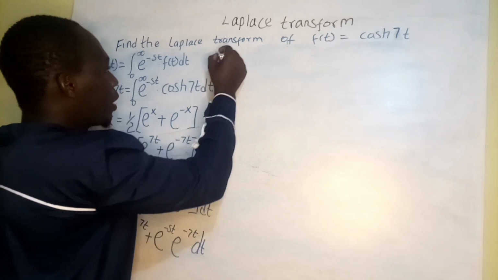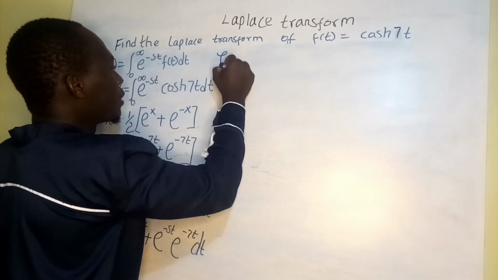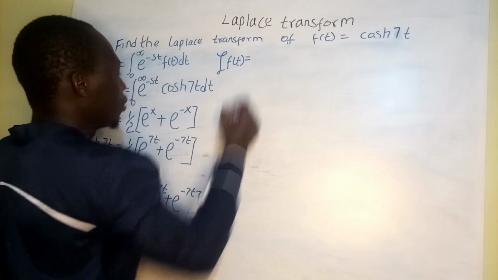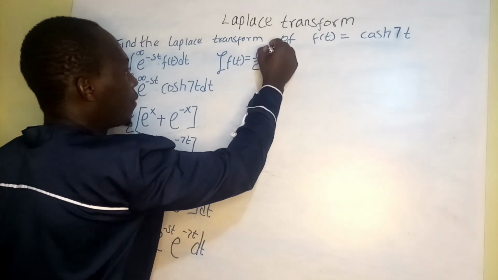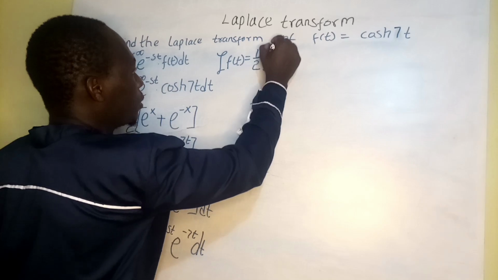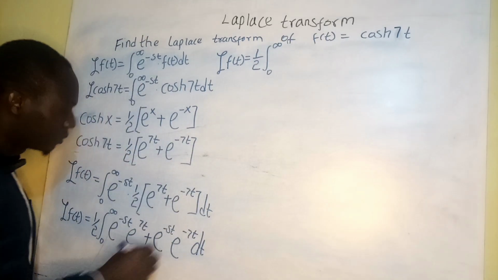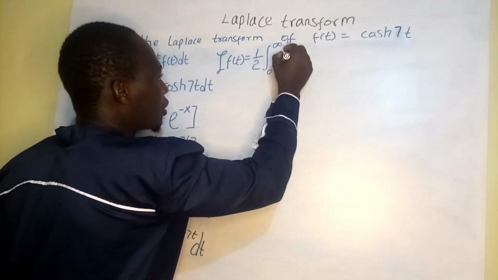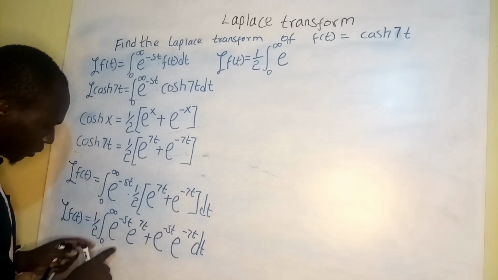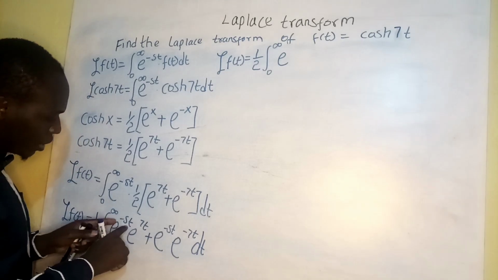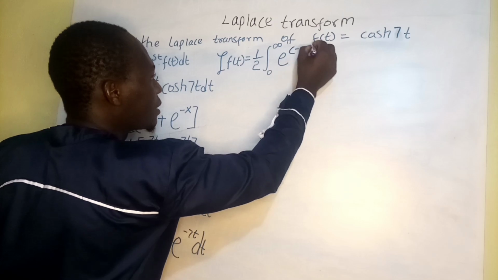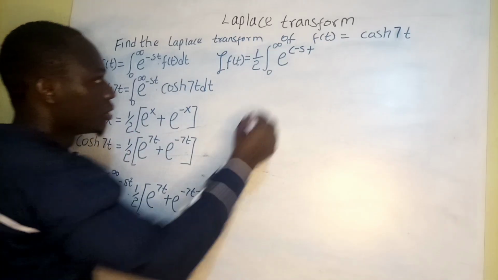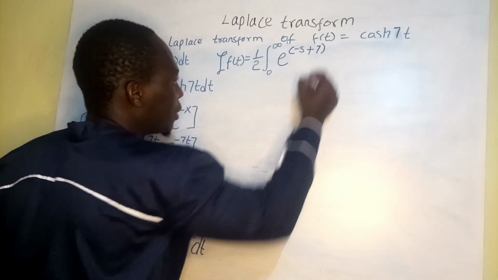To mean that we are going to have the Laplace transform of our function f of t equal to a half, integration with respect to our limits, of exponential. Here we are going to have on the numerator negative of s plus 7.